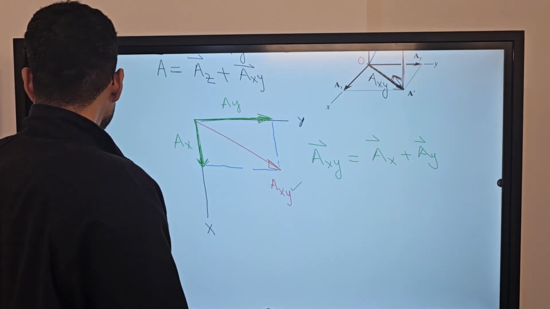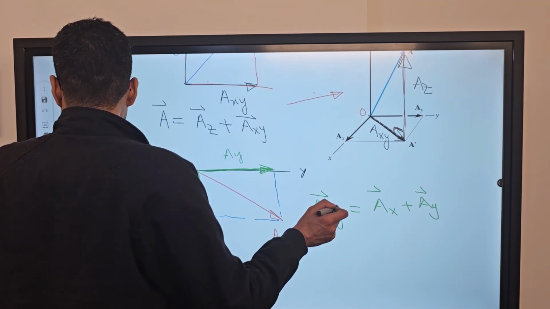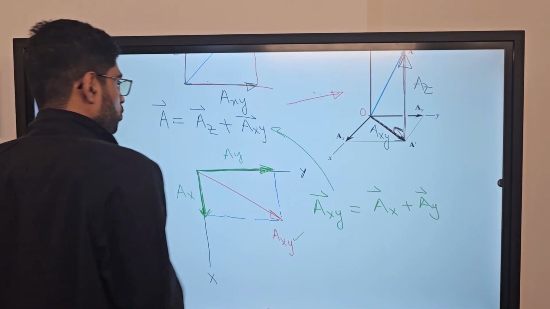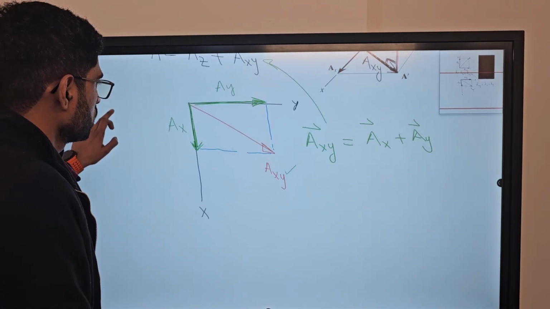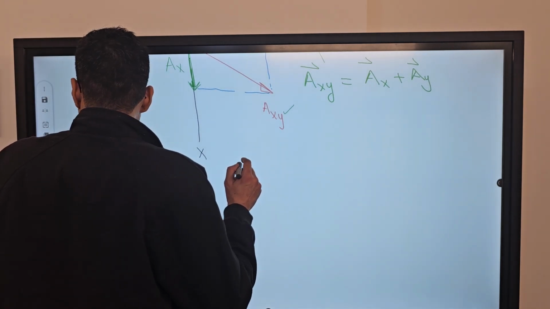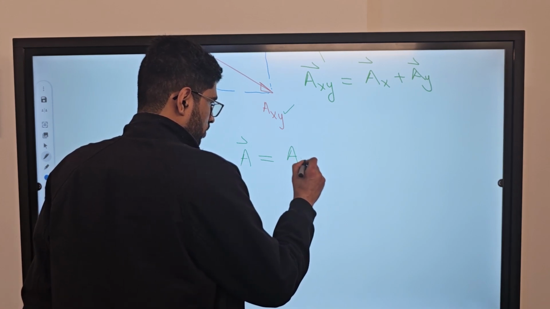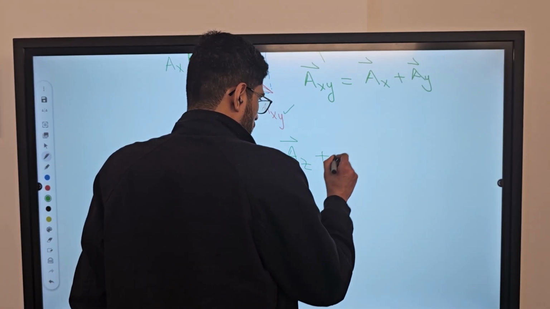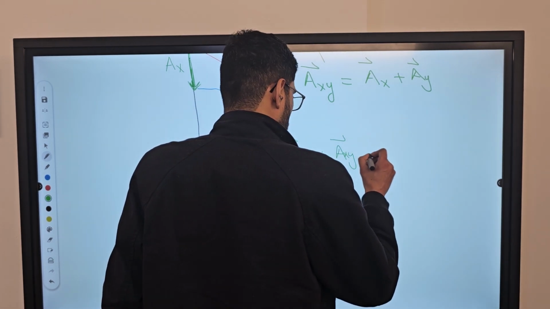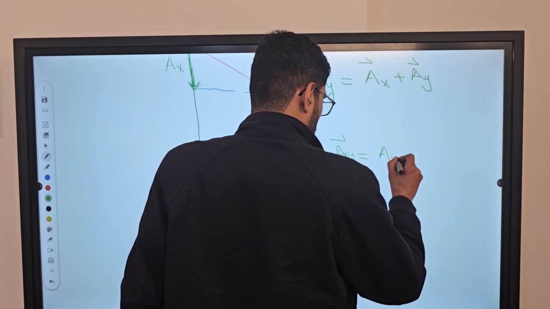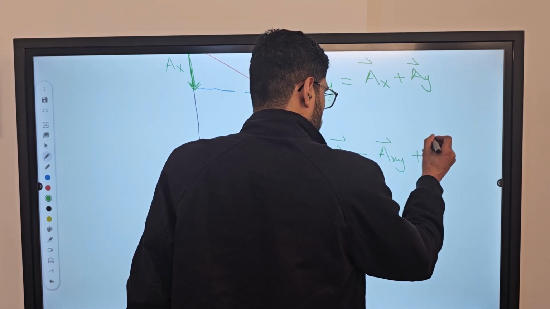So now if we substitute this into this equation, initially that a vector was equal to az plus axy, or we can say this is equal to axy vector plus az vector.